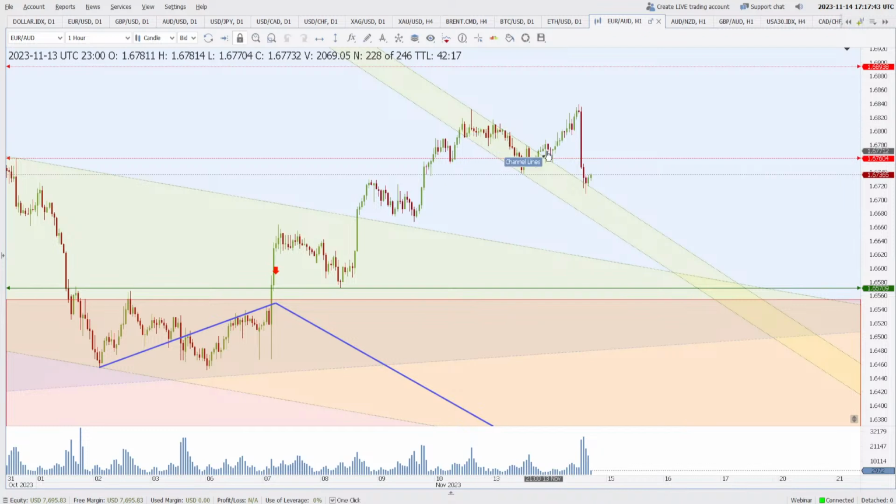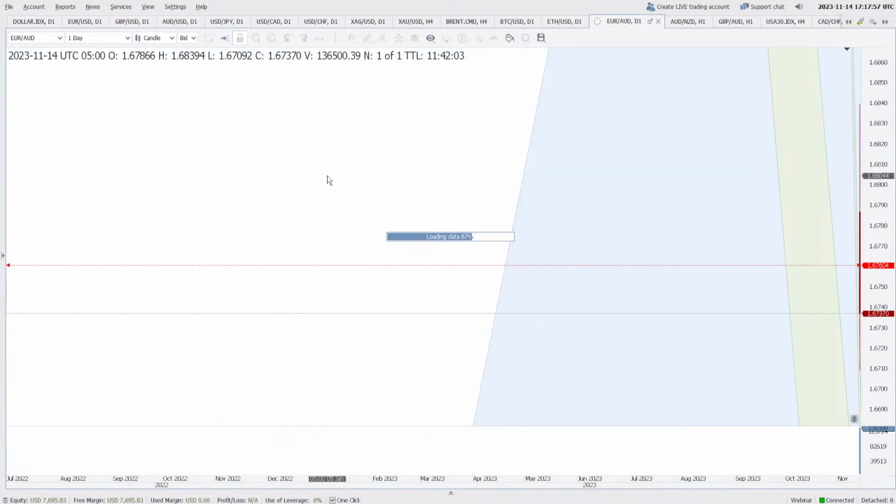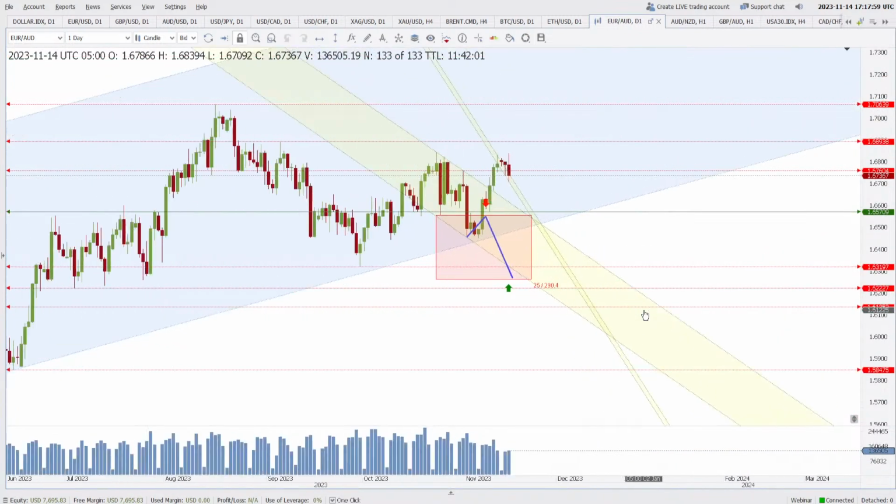Euro AUD, something similar was expected, and that exactly is what has happened. But we are expecting the price to actually come back to 1.6570 to find support here, isn't it? Let me check on the daily.